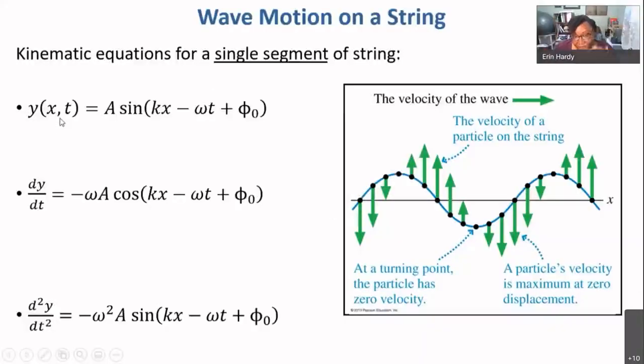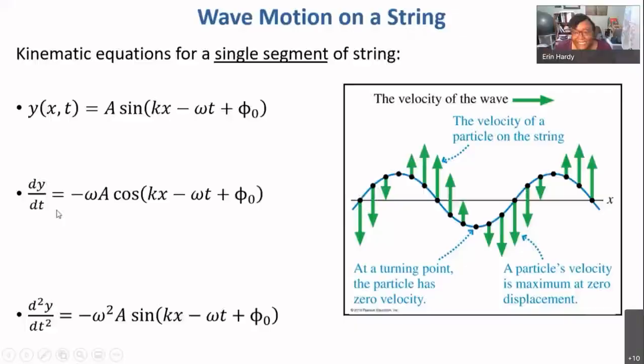Our logic from simple harmonic oscillation in semester one should remind you that if we have a position function for a simple harmonic oscillator, if we take successive derivatives of that, we can turn it into first a velocity function and then an acceleration function.